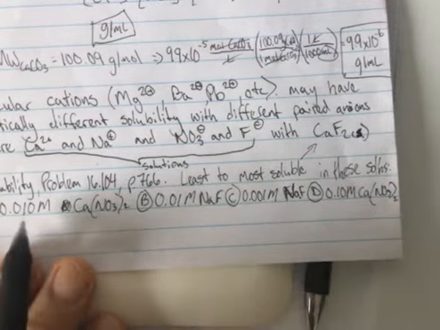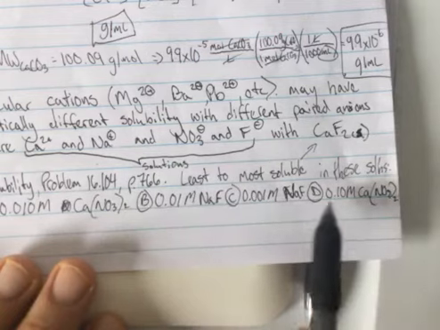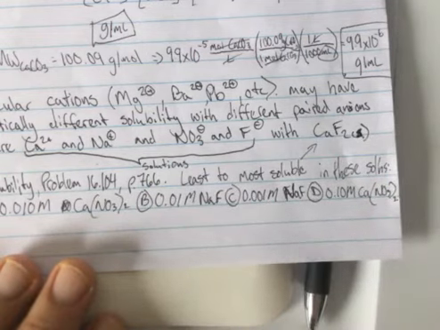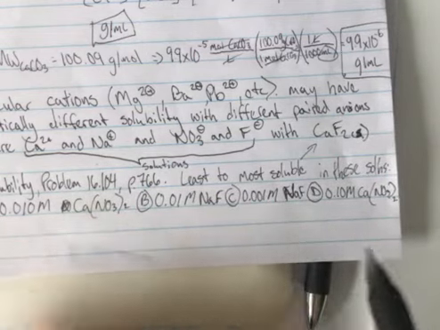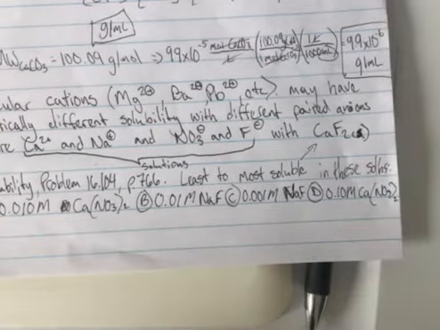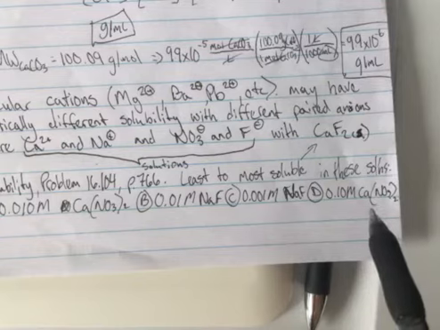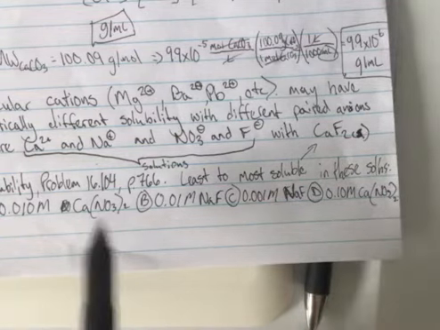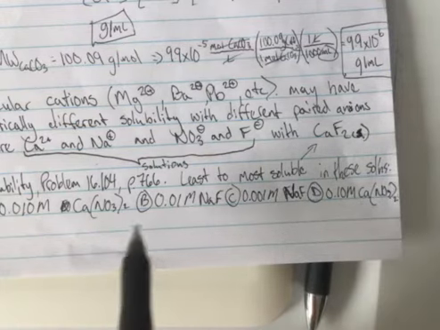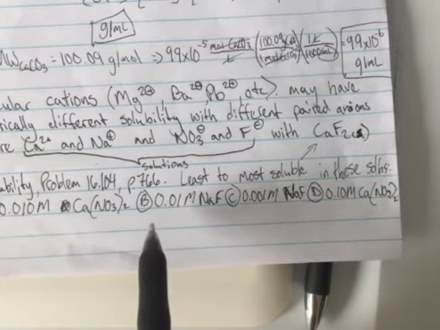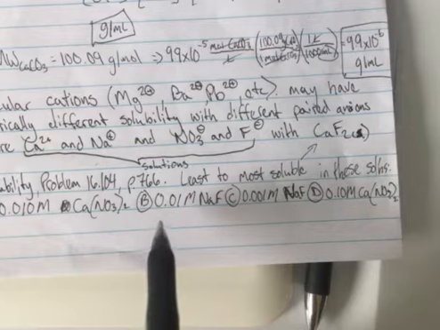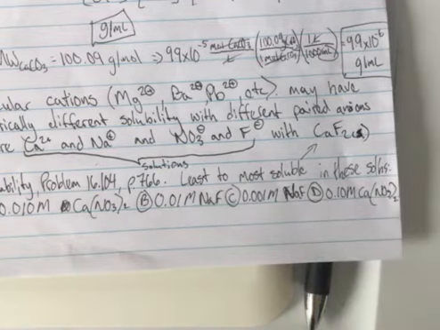So take a look at the molar concentrations of each one of these solutions. You don't have to calculate exactly how much is going to go in, but you at least want to eyeball or estimate which one of these ionic solutions is going to most dissolve this calcium fluoride.